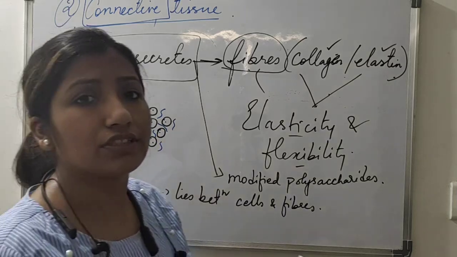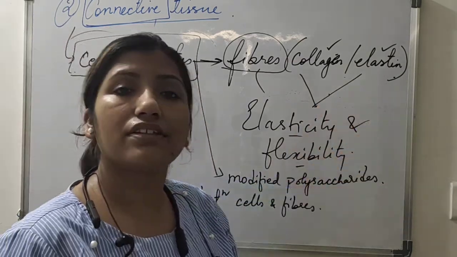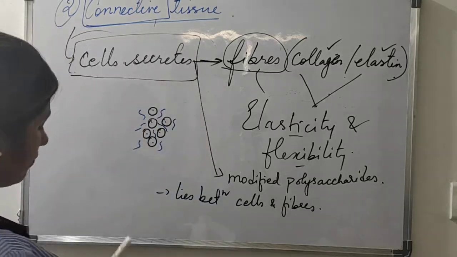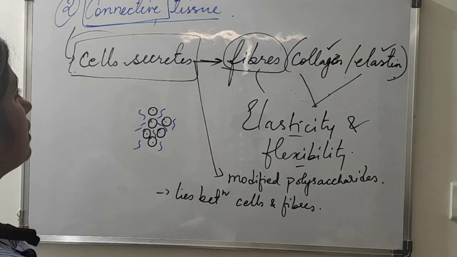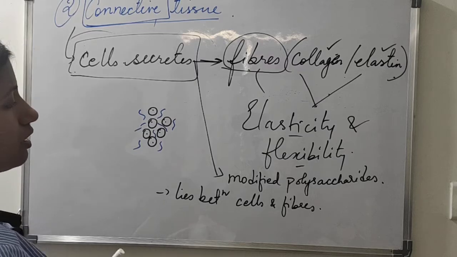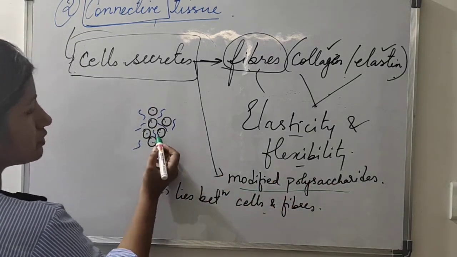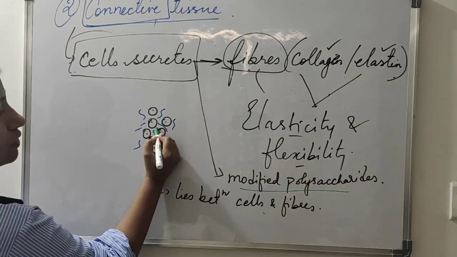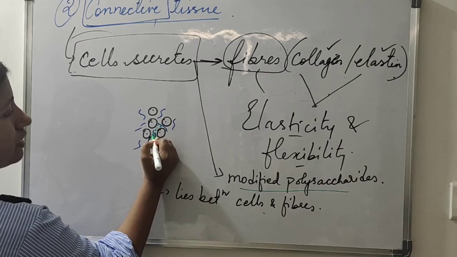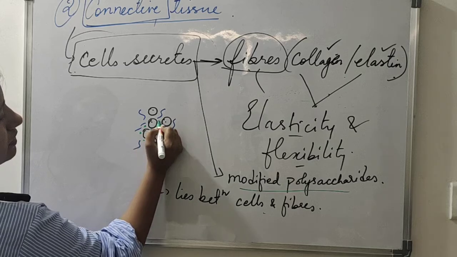Fibers are thread-like structures, right? This collagen and elastin are thread-like structures. Now, this cell also secretes a polysaccharide, which lies between cells and fibers. So here is the cell, here is the fiber, and these polysaccharides lie between the cells and fibers.